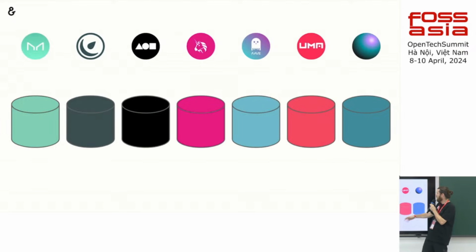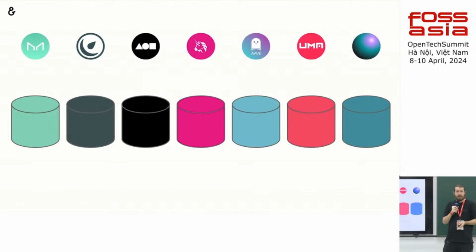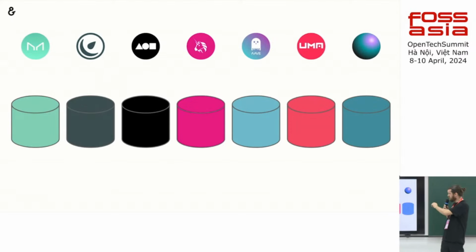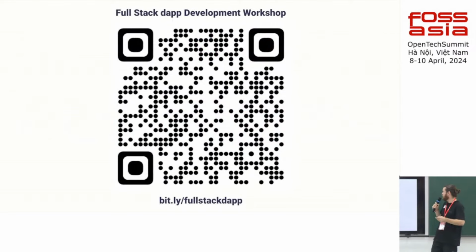We have Aave. If you're into NFTs, we have Foundation, MakerDAO, Zora, whatever it is. You can search on the Graph website. If you go to thegraph.com/explorer, any kind of Web3 protocol is available on there. And if there's not one, you can build one, and then you can get incentivized to store that data.